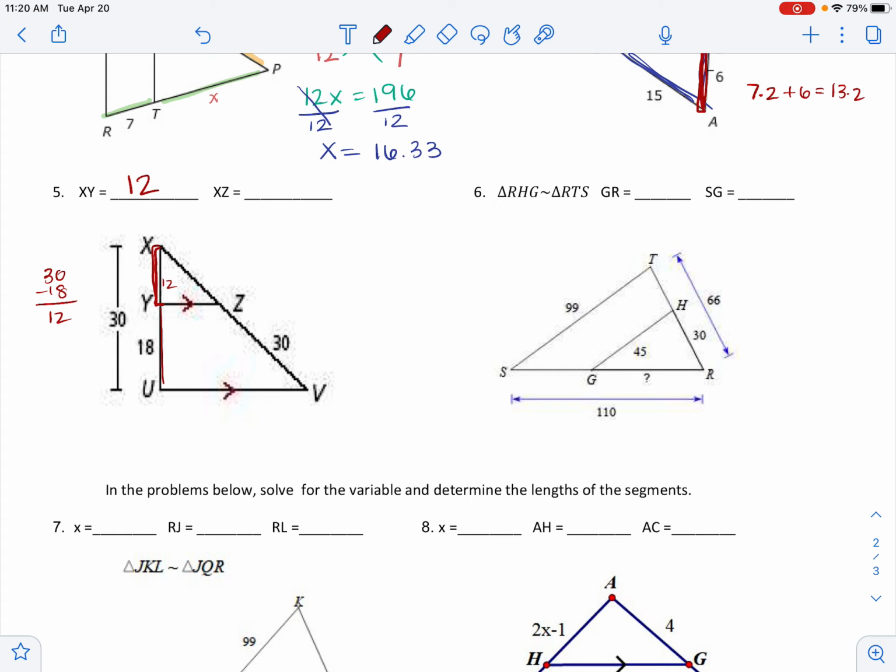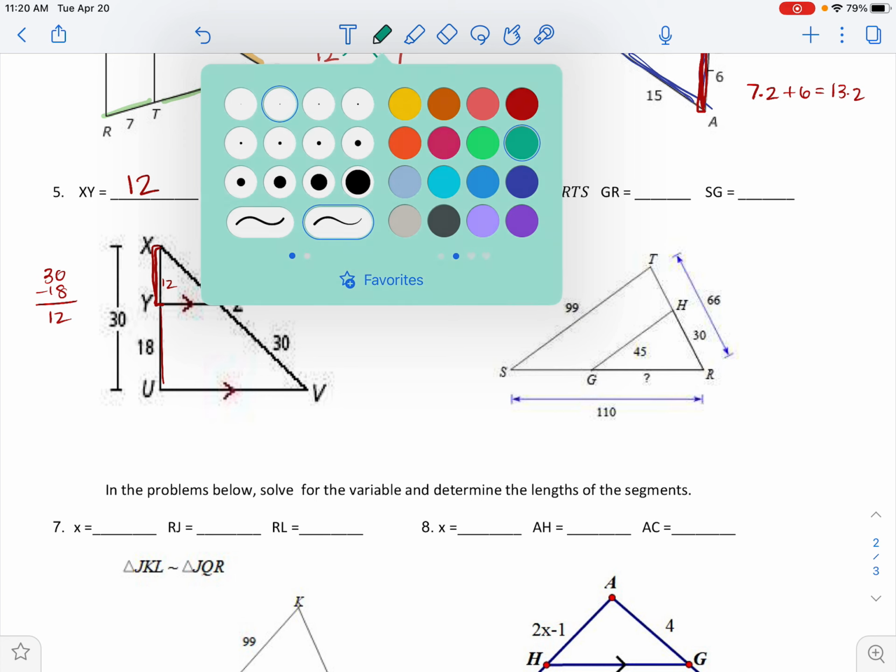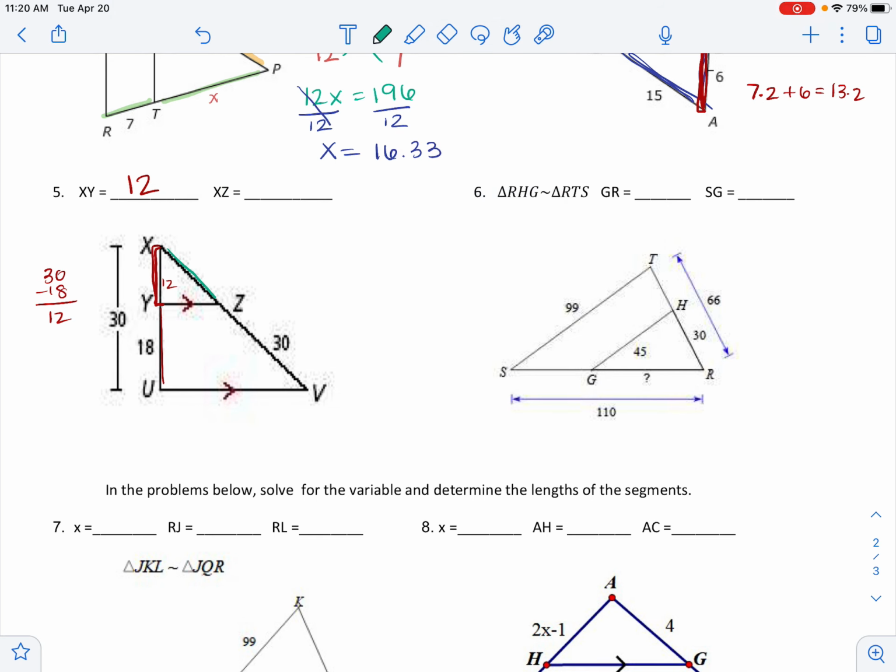And now I can use that to find XZ. So on the other side, here's XZ. I'm ready to set up a proportion. I'm going to do XY over YU equals XZ over ZV. Plugging in what I know, XY is 12, YU is 18. XZ is what we're solving for, and ZV is 30.